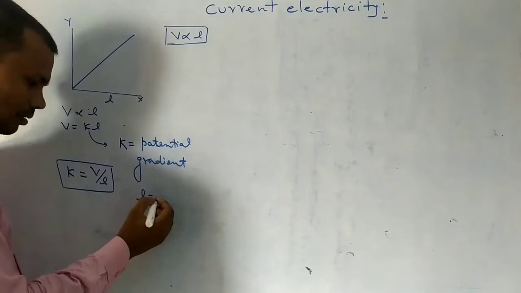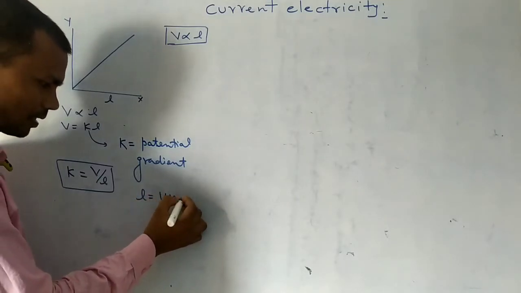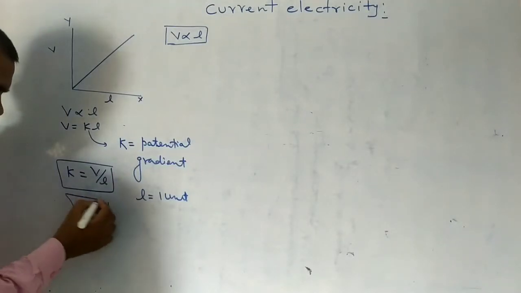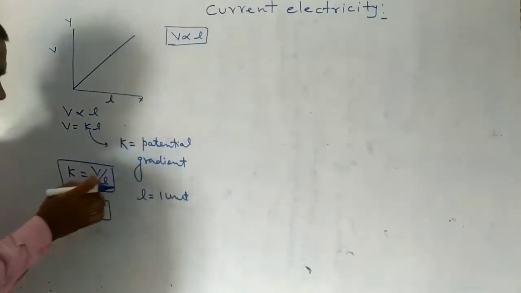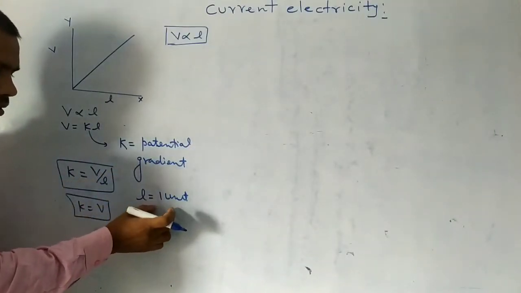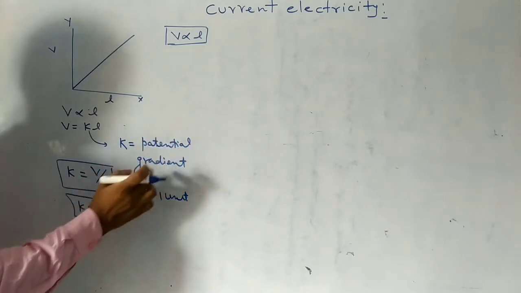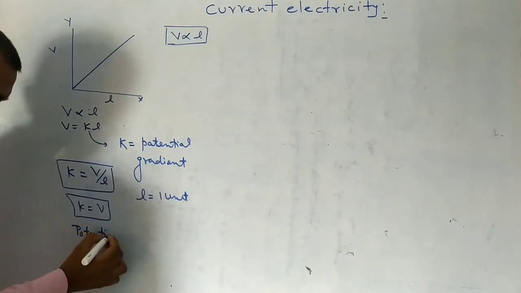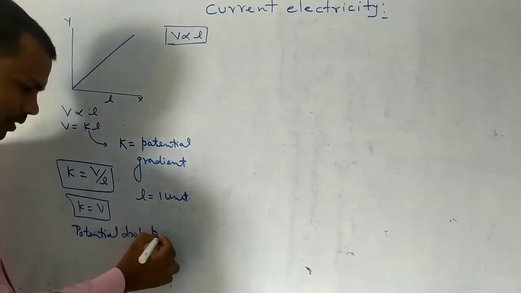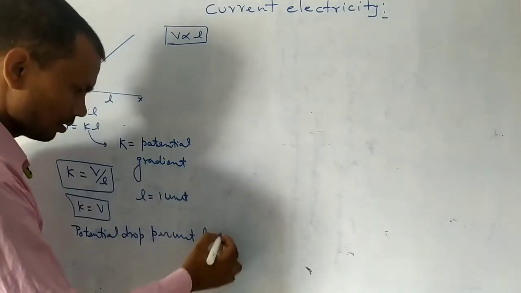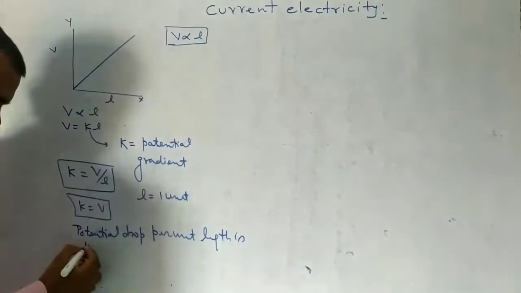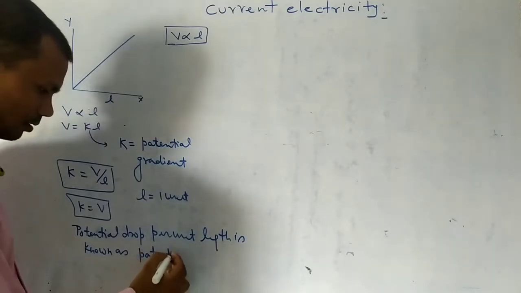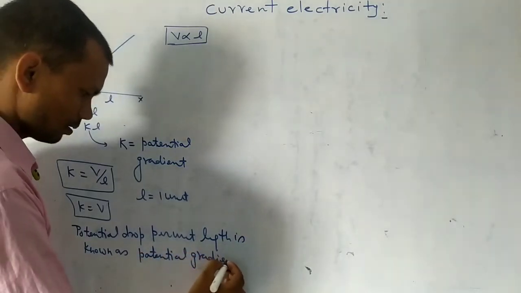If L is one unit, suppose we are taking 1 centimeter or 1 meter, then K equals V. So the potential drop per unit length of the conductor is known as the potential gradient.